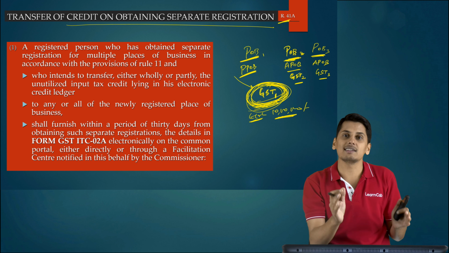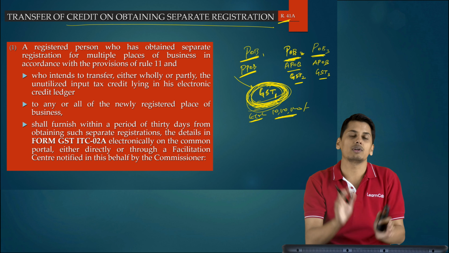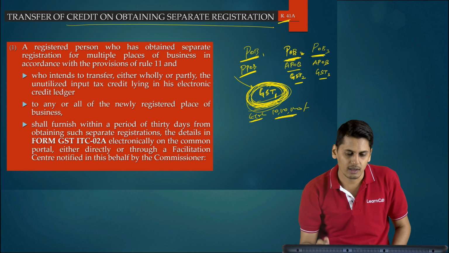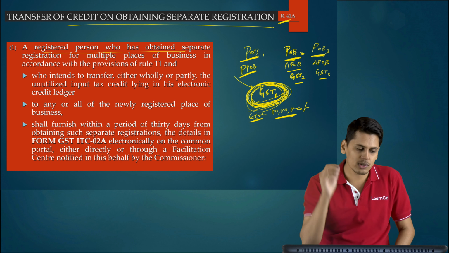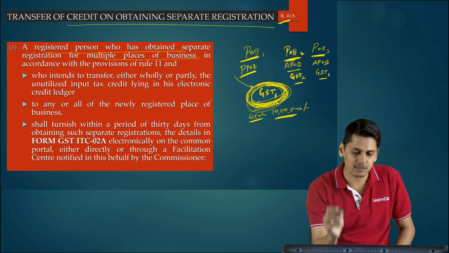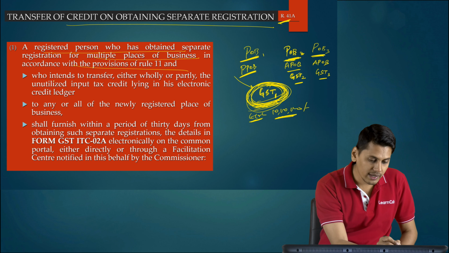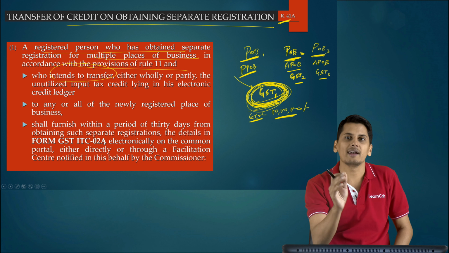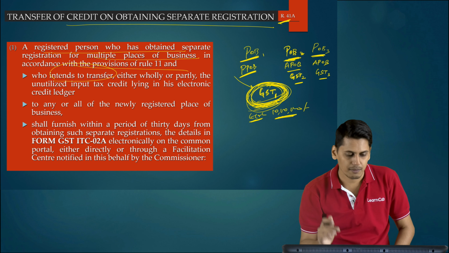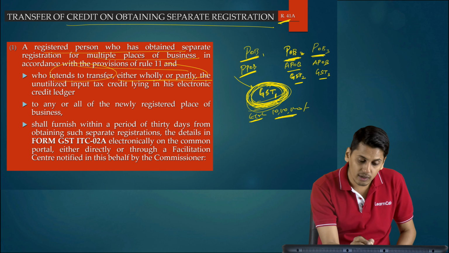Again here, assets means not only those assets on which ITC is being availed, it is the total assets that are there. So let's have a look at rule number 41A. A registered person who has obtained separate registration for multiple places of business in accordance with the provisions of rule 11 and who intends to transfer, that means it is not mandatory, it is optional, either wholly or partly.